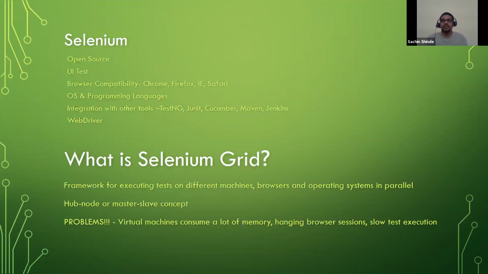I would like to give a quick brief introduction about Selenium. Selenium is an open source test automation tool, which is used to automate browsers or web-based applications. Selenium offers various language bindings that you can use, so you can write your script in Java or Python or JavaScript, and similar languages.